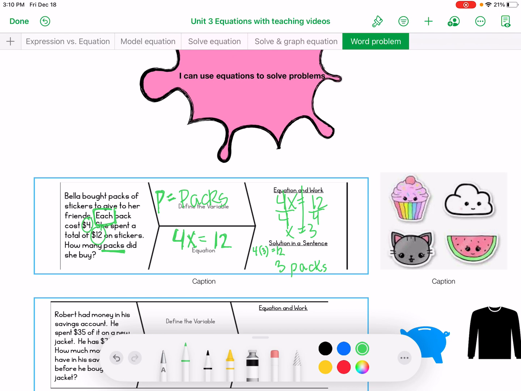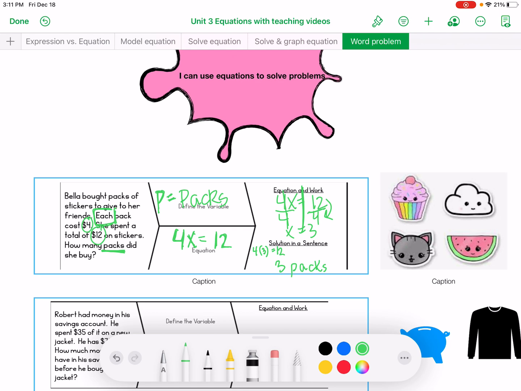In your head, you're probably thinking, well, I know I'm going to need to divide 12 by 4. But to set up the equation, you're actually going to do the inverse operation of what you need to do. Because when we solve it, you are going to end up dividing 12 by 4 to get your answer, 3.